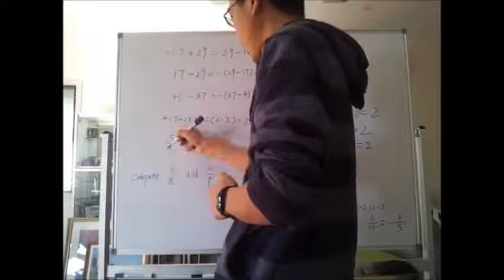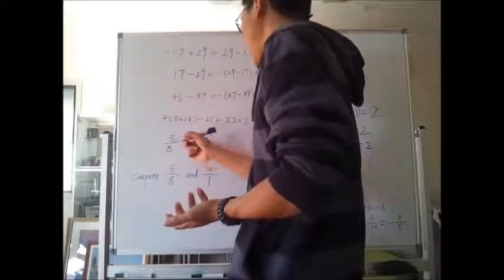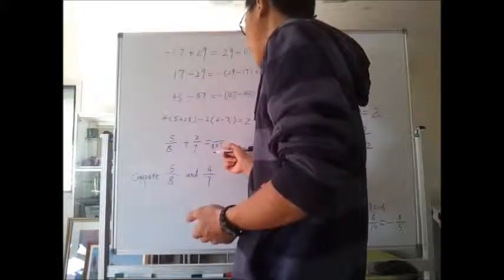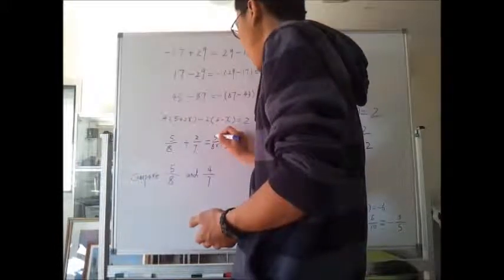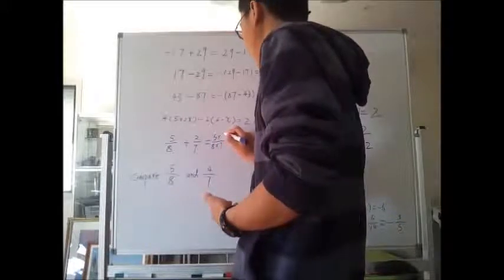Because originally we have 5 of 8. Now we change the denominator into 8 times 7. To make equivalent change, we can only make equivalent change. We have to times the numerator by 7 as well.